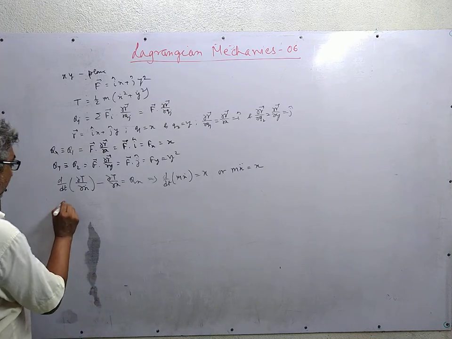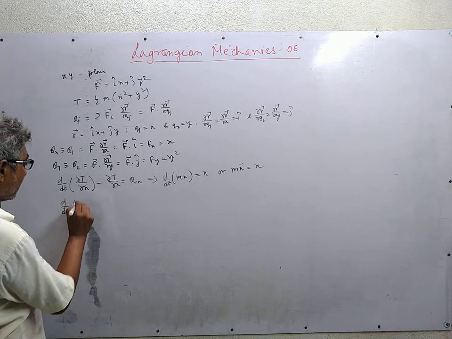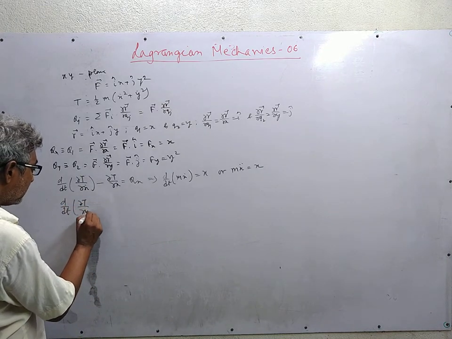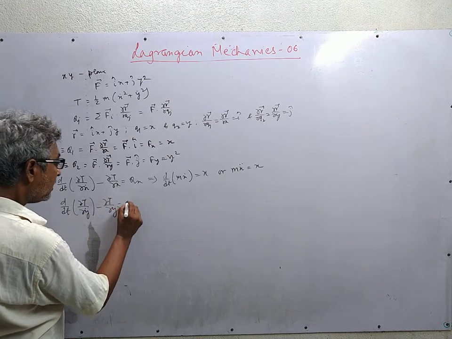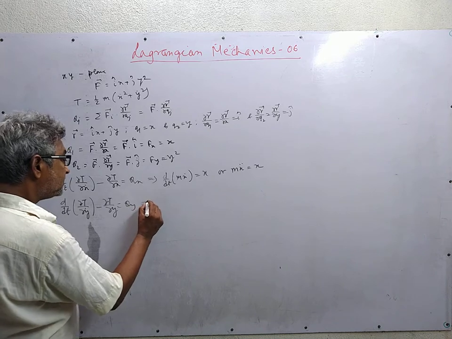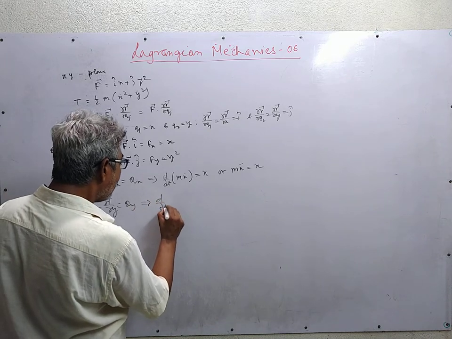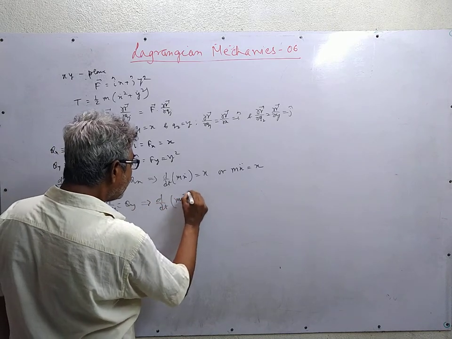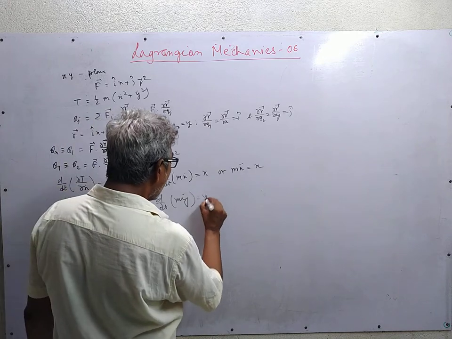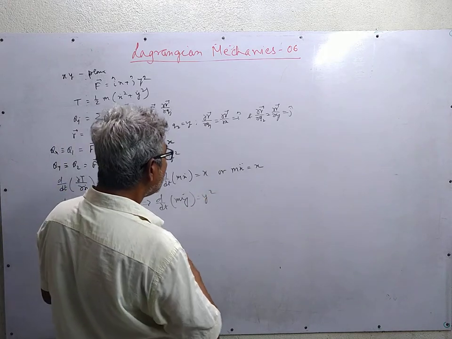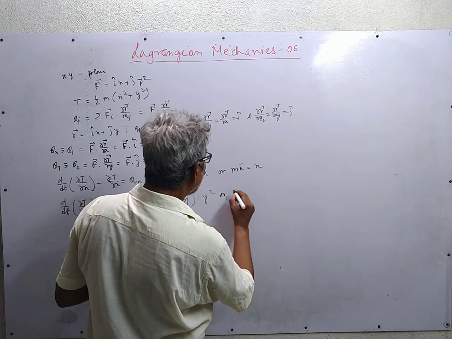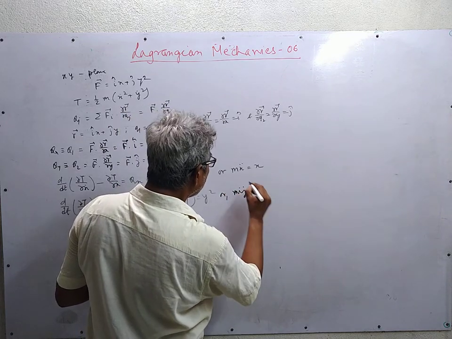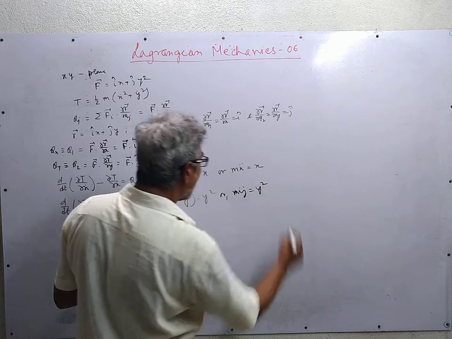And for the y component, we have d by dt of m y dot is equal to y square, or we have m y double dot is equal to y square.